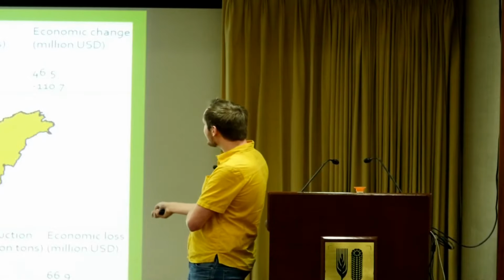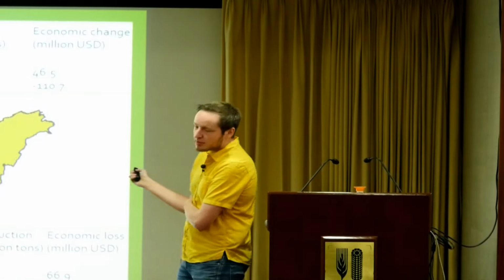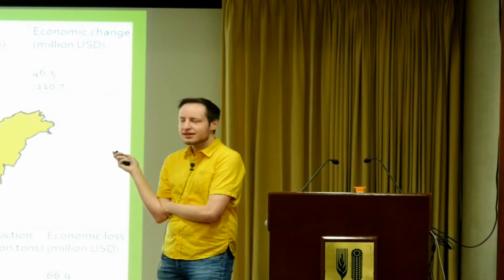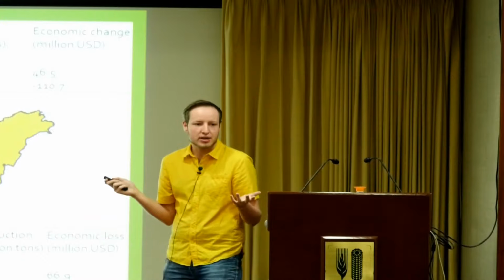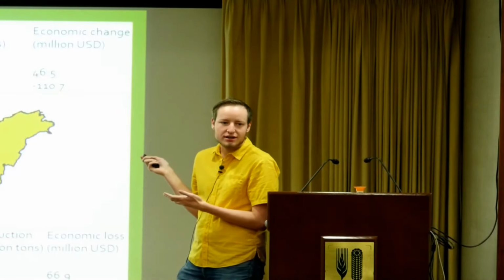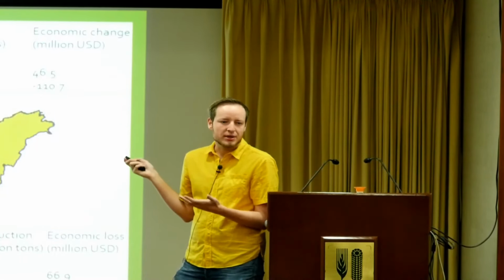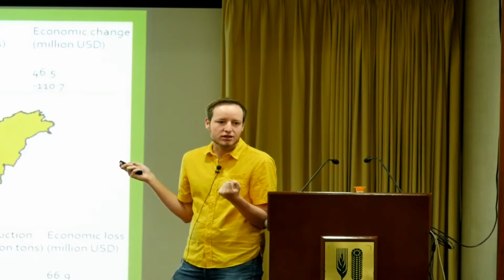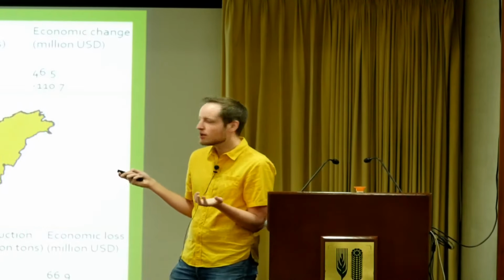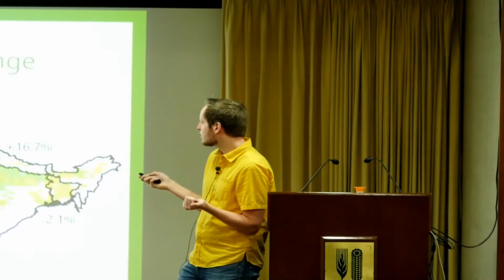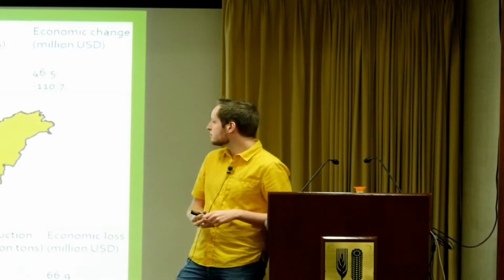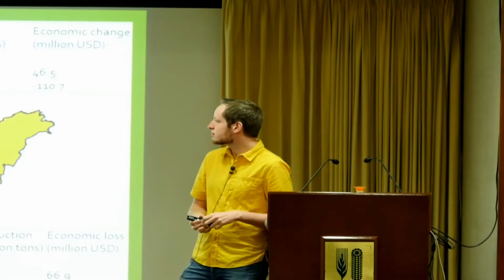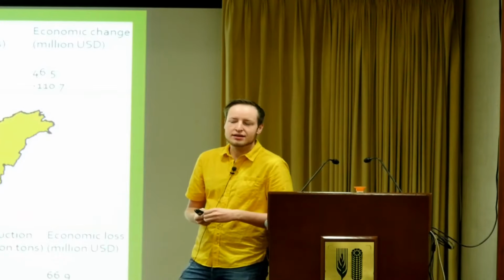The other ones have economic loss, and this is economic change, because there is an economic gain under climate change, but a loss under the worst case scenario, because the irrigated production in Nepal also. That's likely confusing, because then in Pakistan, India, etc., you all have positive numbers on economic loss. Yes. And then Nepal.